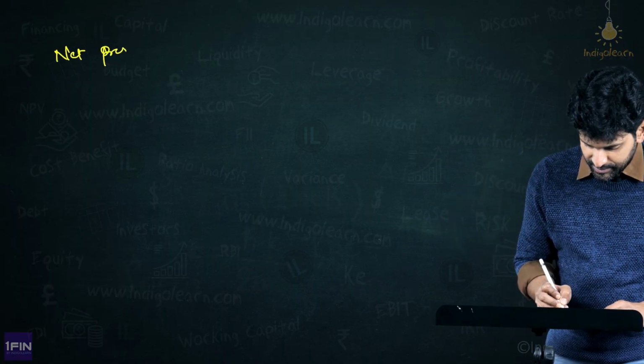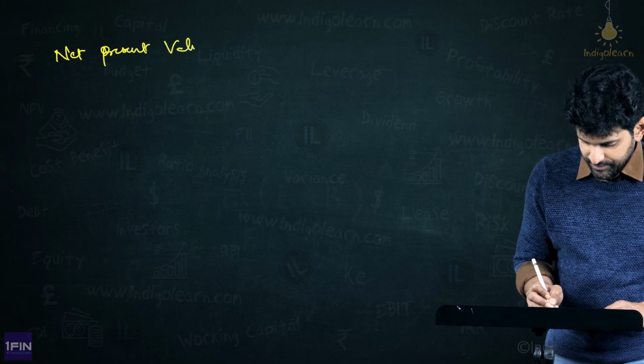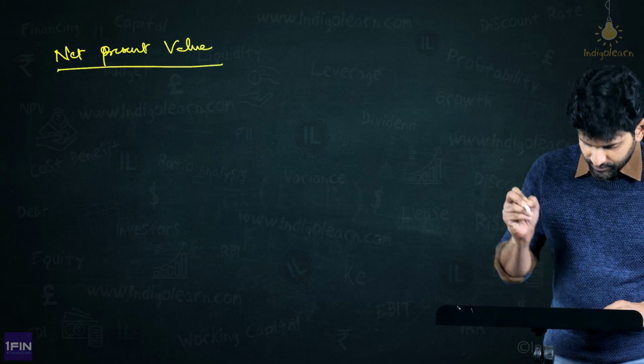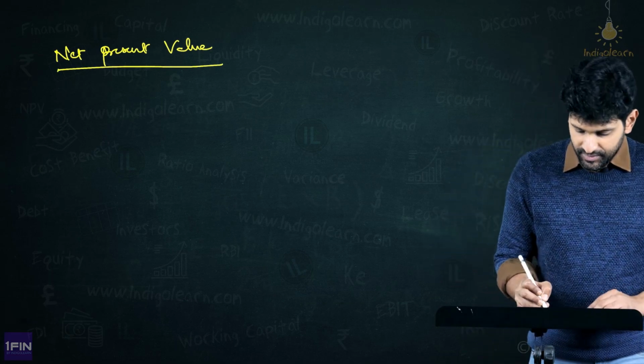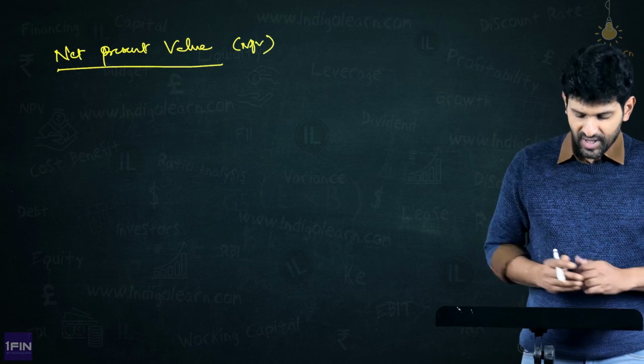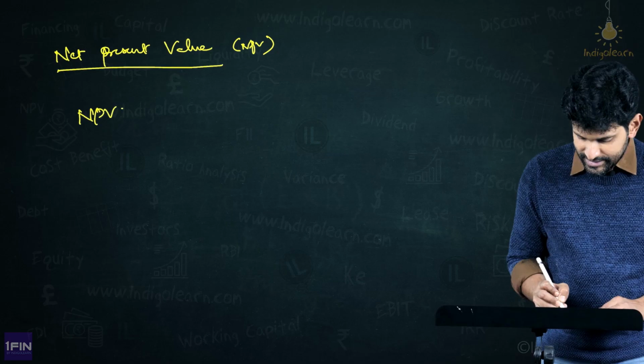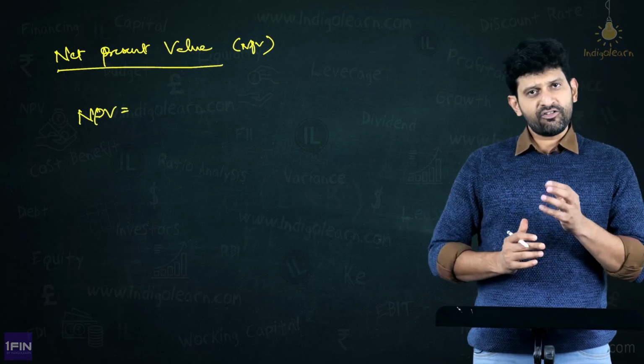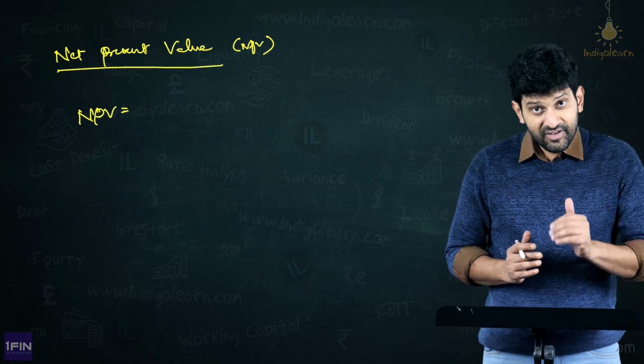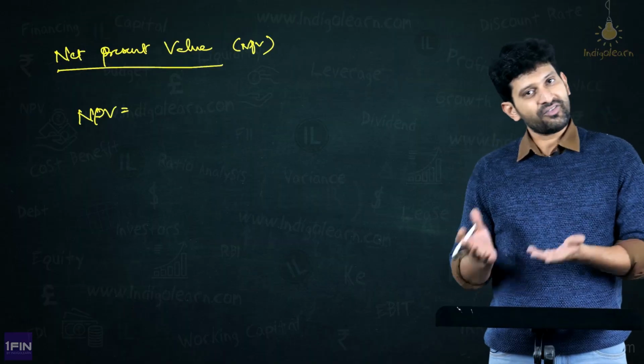Net present value, or NPV. Now, as the very name says, NPV is the net of present values. Net of present values means present value of cash inflows minus present value of cash outflows.